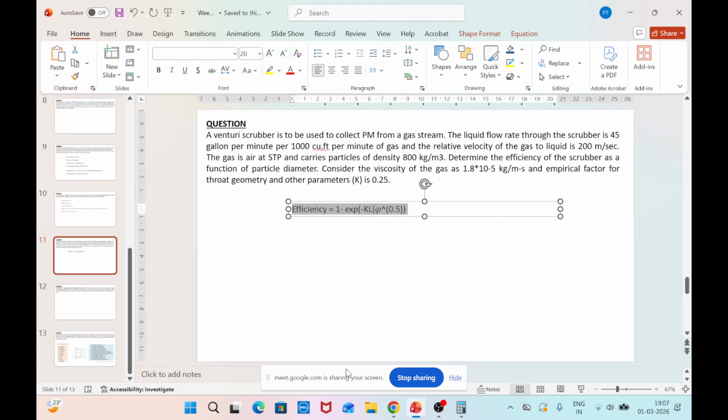Now there are expressions for the psi as well as the diameter of the droplet. So let me just write.